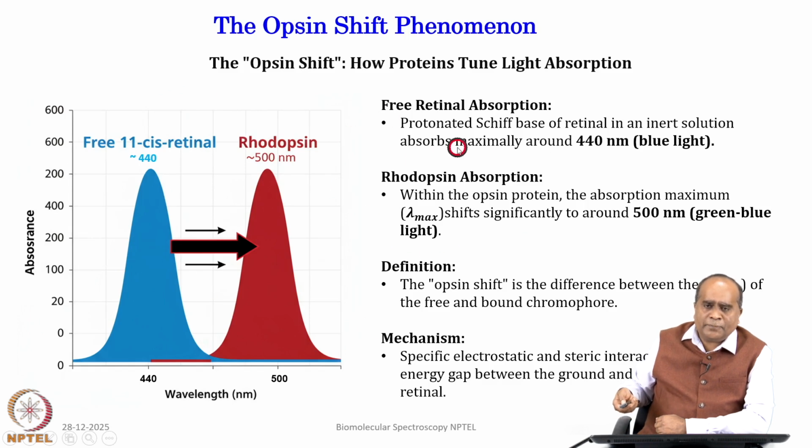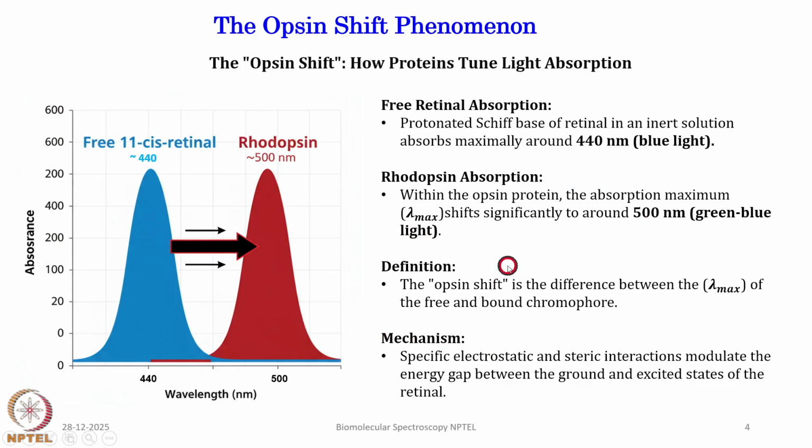And within the opsin protein, this absorption maximum shifts significantly to around 500, that is a blue-green light. So, the definition of opsin shift is the difference between the lambda max of the free chromophore and the bound chromophore. Free chromophore just in solution, and bound chromophore when it binds to opsin.